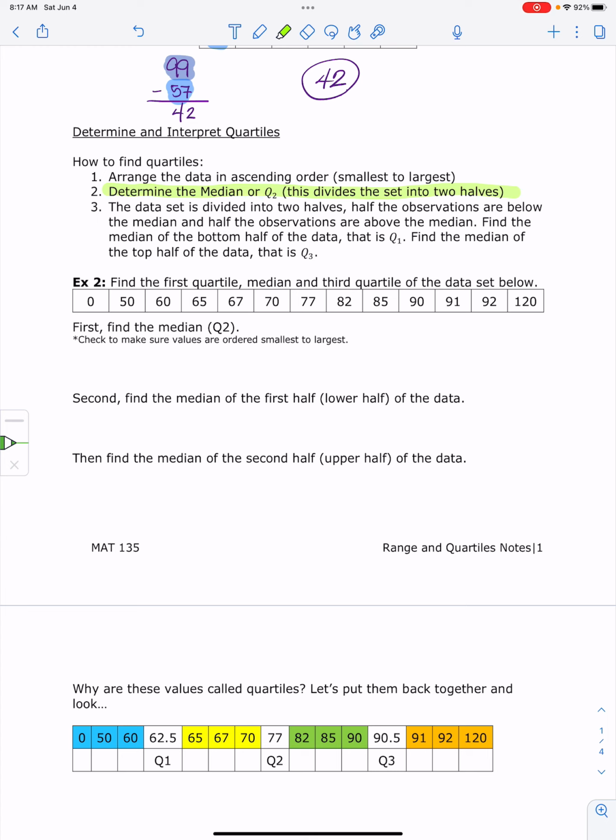Remember that two halves have to be the same size. So because I have 13 values in my data set, I am going to count up to that middle value, which will be the 7th value right here. So this value is my Q2 or my median.